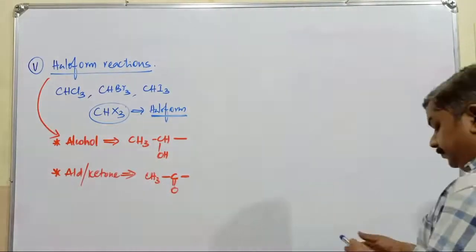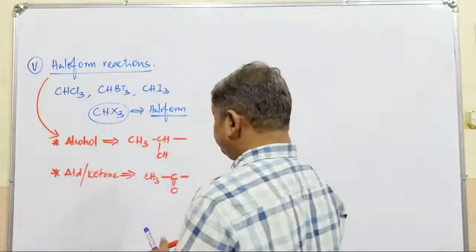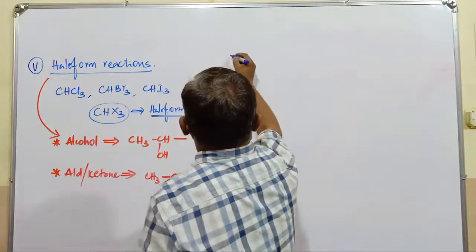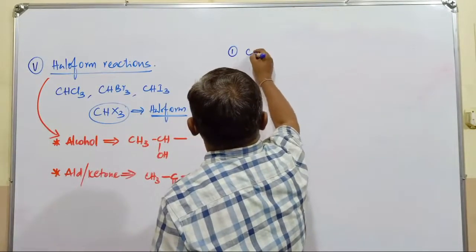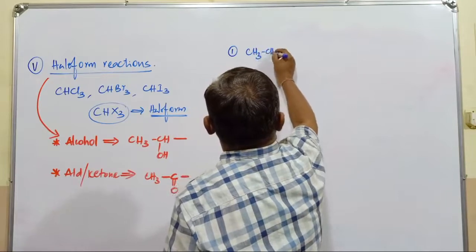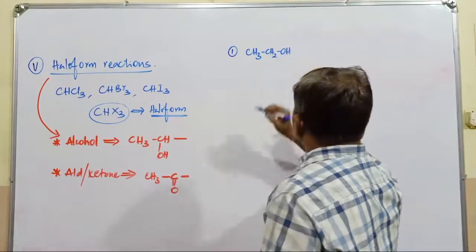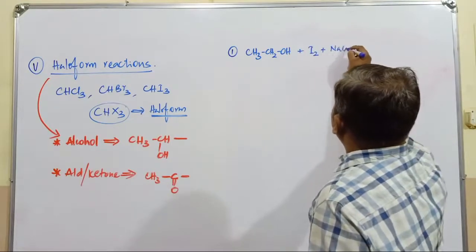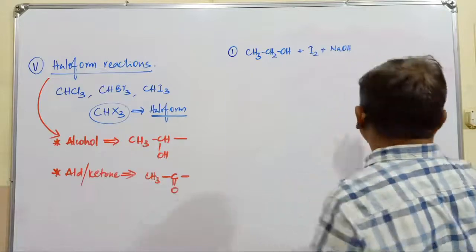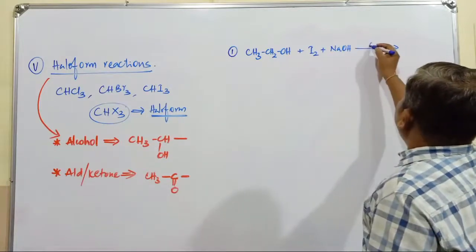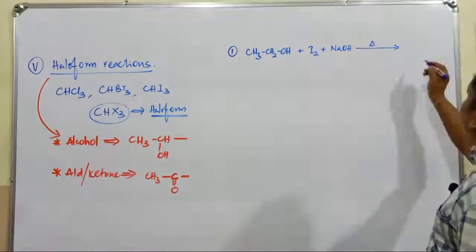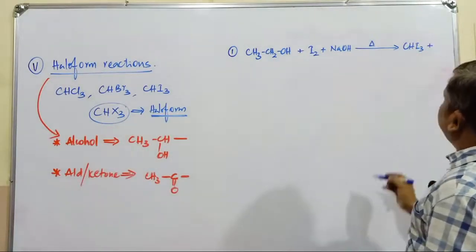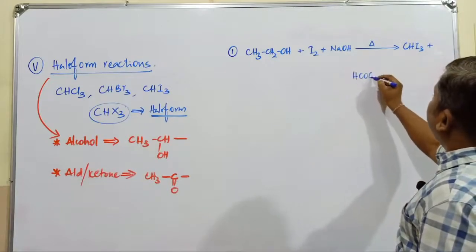Alright, one reaction, one example I'll consider. This is CH3CH2OH. When this compound is treated with iodine and sodium hydroxide and the mixture is heated together, it converts into CHI3 plus HCOONa.